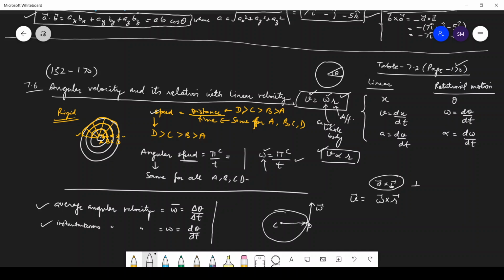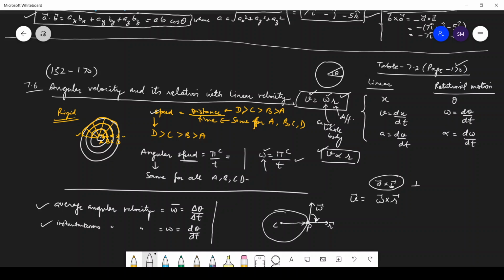One thing you need to remember here, students, is the direction of r is this, that's the direction of vector r. This is omega, and the distance is r. Now you have to move your fingers from omega to r. Can you move them from omega to r?